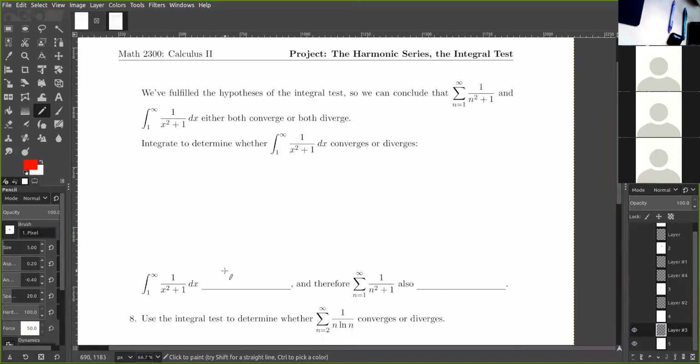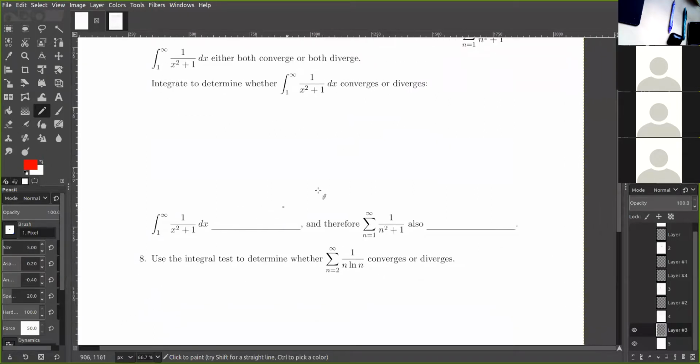What is our antiderivative with that guy? So we've only got a few minutes, of course, if you forget how to do this, or just forget what the actual antiderivative of 1 over x squared plus 1 is, it's arctan. Oh, sorry, I'm writing that in the wrong spot.